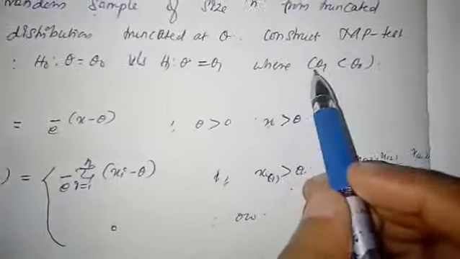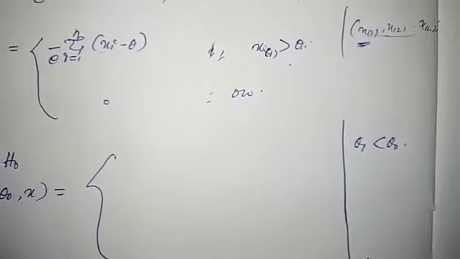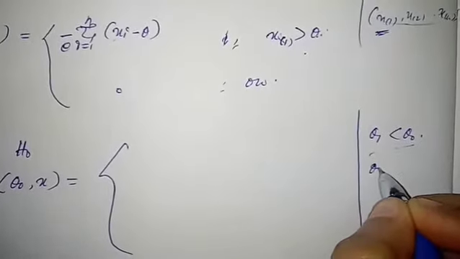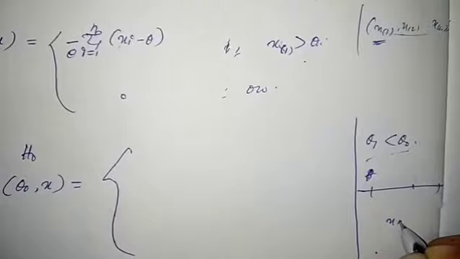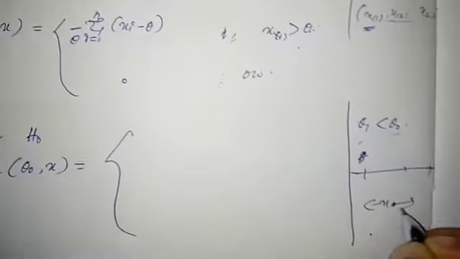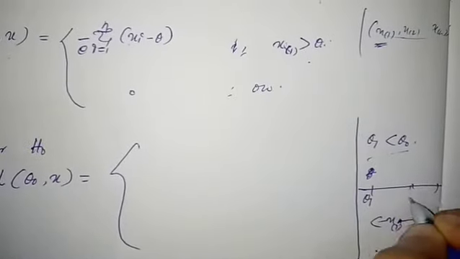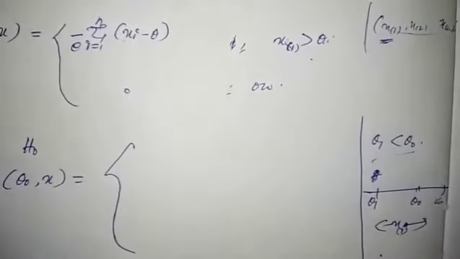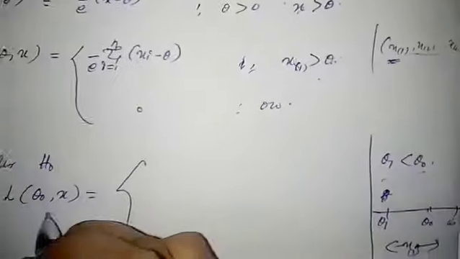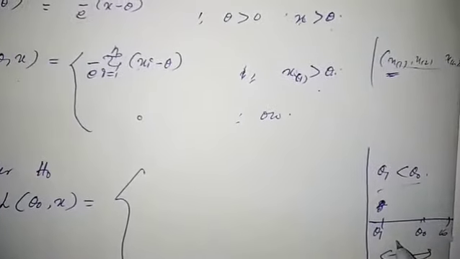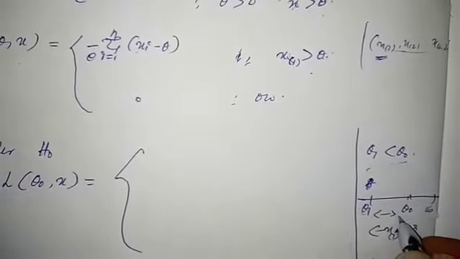In the problem it's given that theta 1 is less than theta naught. So if these are the first order statistic values, then theta 1, theta naught, infinity is the range. We have to write the value when x1 is between theta 1 and theta naught.